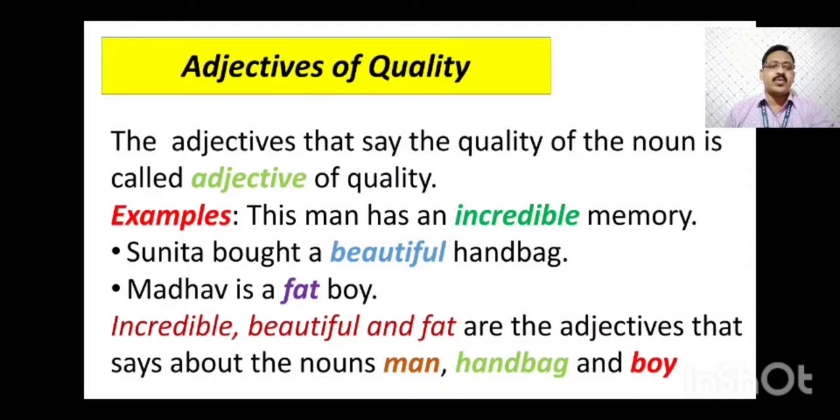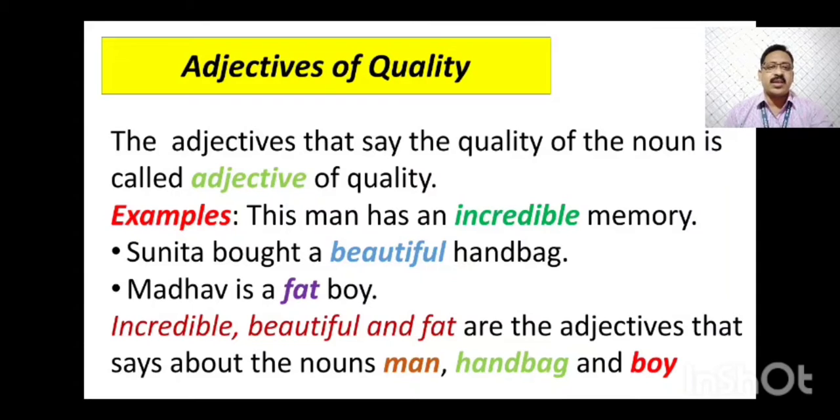Sunita bought a beautiful handbag. Handbag is the noun in this sentence. We are describing the type or quality of that handbag, that is beautiful. Madhav is a fat boy. So here Madhav is the boy we are talking about. How is he? He is very fat.